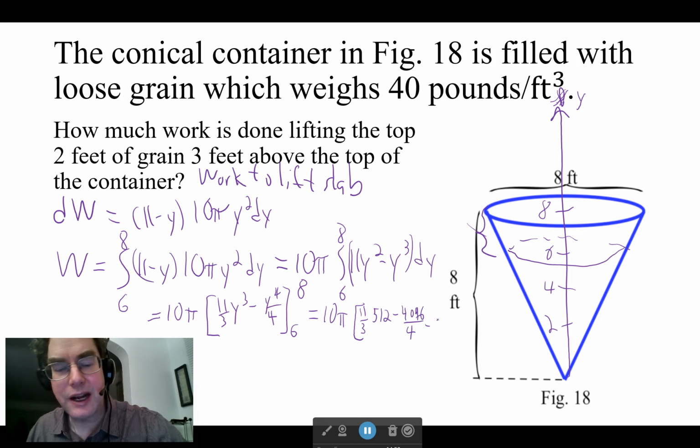And then we got to subtract what we get when we plug in 6. That's going to be 11 thirds times 6 cubed, which is 216. And running a little tight on space here, but let's subtract 6 to the 4th, which is 1296 over 4. And importantly, we got to remember to subtract all that, so we better put it in parentheses.